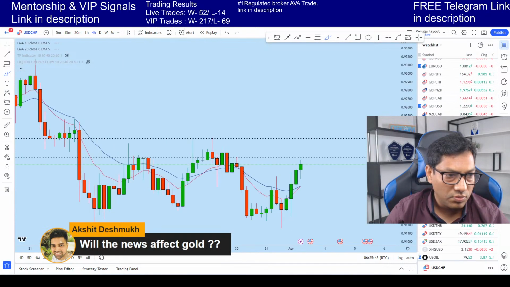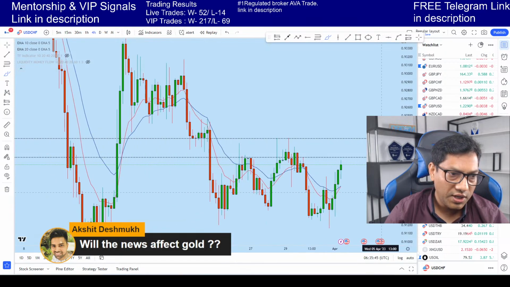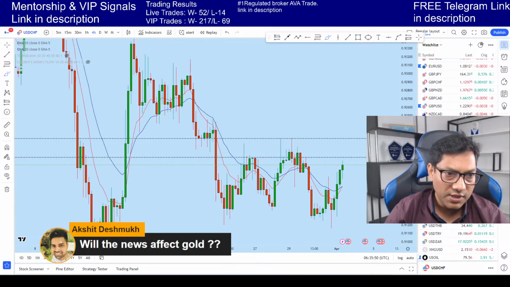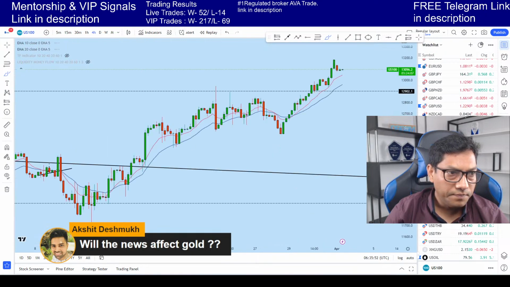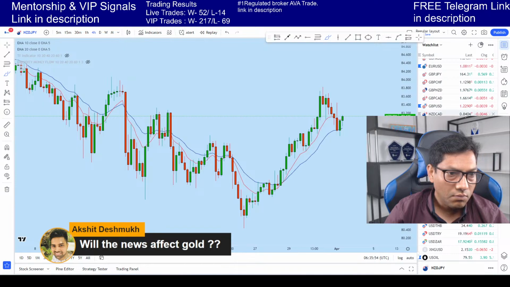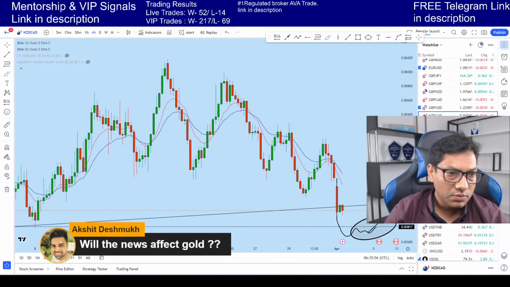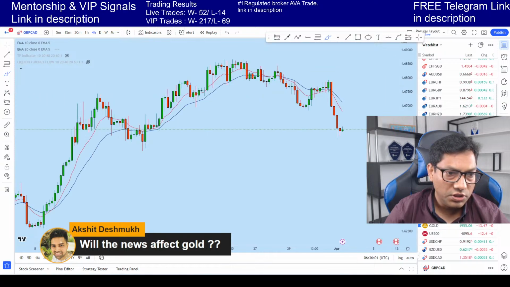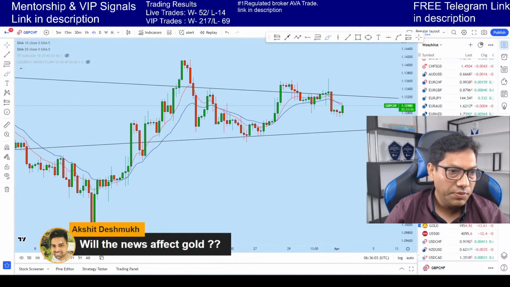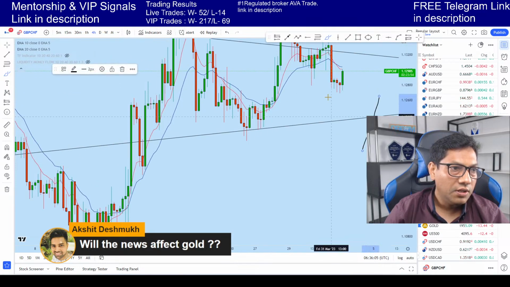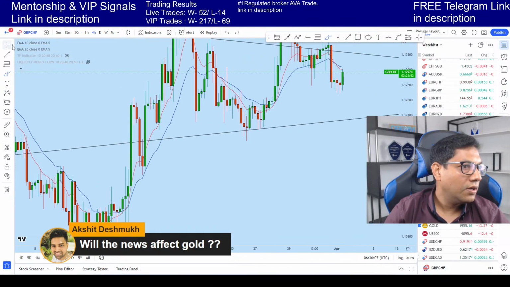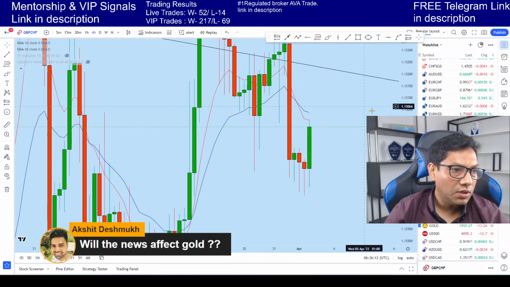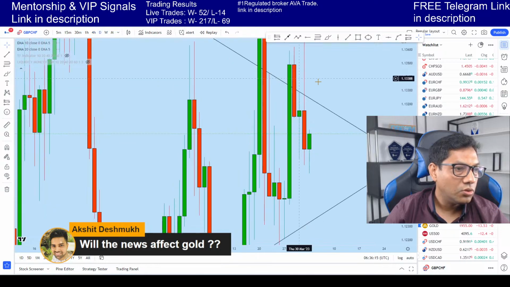Let me look at dollar Swiss franc. Swiss franc has got some short-term weakness. And GBP CHF, as I mentioned earlier, this one also has gone up as expected to the 20 EMA.